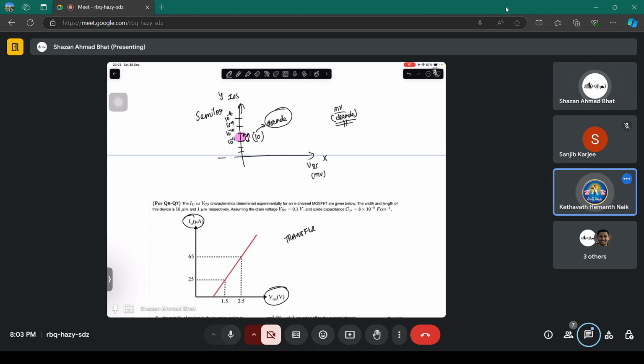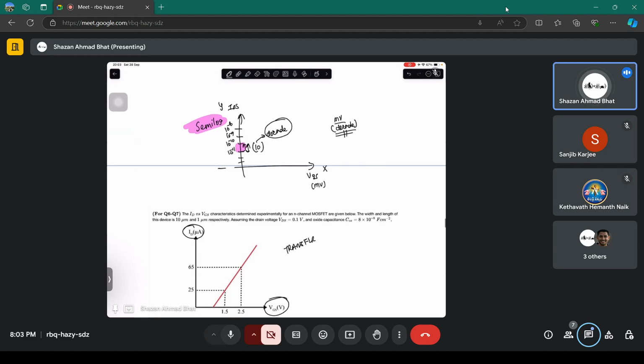If it is just an exponential, then you don't have to consider the decade. You have converted an exponential plot to a simple ln plot. For IDS versus VGS on a linear plot, this is the threshold voltage, then this is in some milliamps and this is in millivolts.